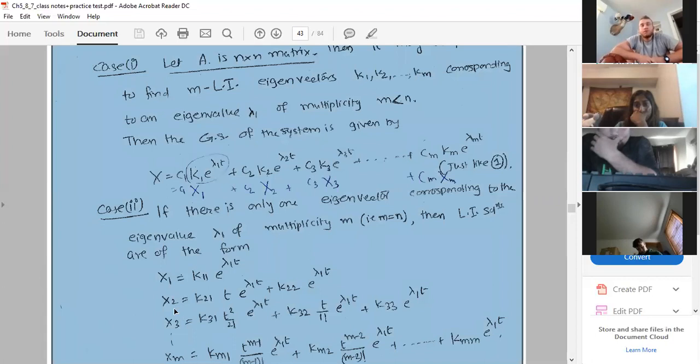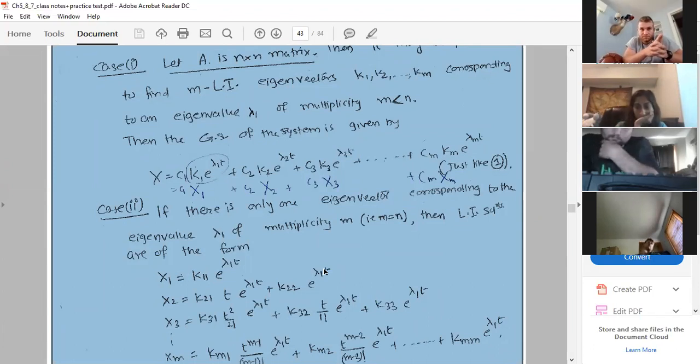I'm not going to ask you more than 3, maybe just 2, right? 3 by 3, again, it will be a lot of work for simultaneous linear equations. So most likely I'm going to ask you a 2 by 2 matrix whenever repeated roots are concerned, whenever m equal to n is concerned. I'm not telling you about m less than n.